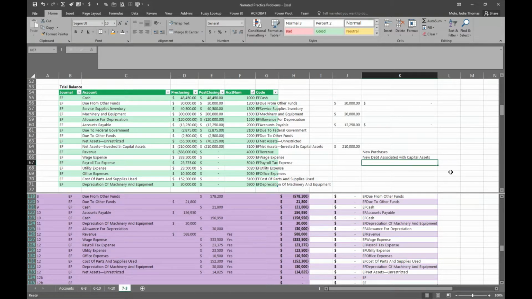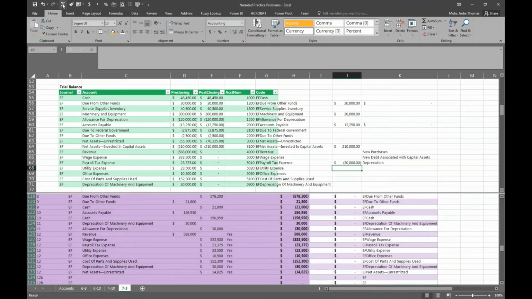In this case, depreciation is the only change, the additional depreciation taken for the year, and that is going to be negative 30,000. New purchases are going to be a positive. New debt associated with acquiring new capital assets is going to be a negative. Debt payments, where you're reducing your debt, are going to be positives. But in this case, we only have the depreciation.